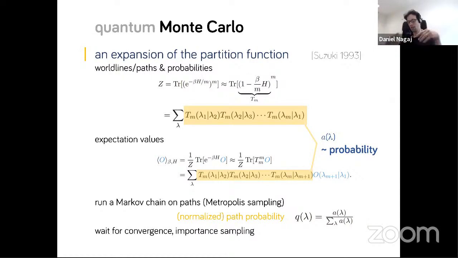And then if you do this many times, you can figure out what the probabilities are, and then calculate the observable by multiplying the results with a probability and estimate them. This is nice, except we don't really know how long we need to run this process so that it has converged. And some difficulties can also hide under the surface.